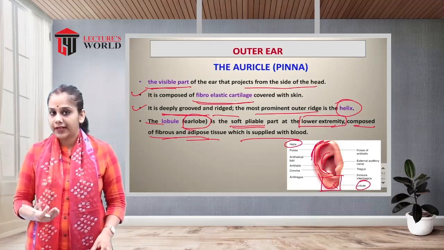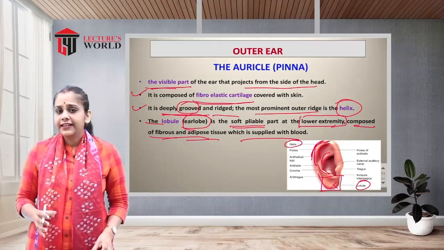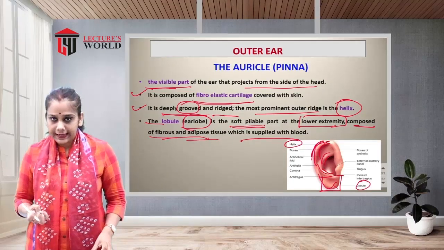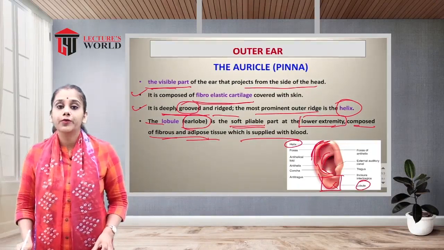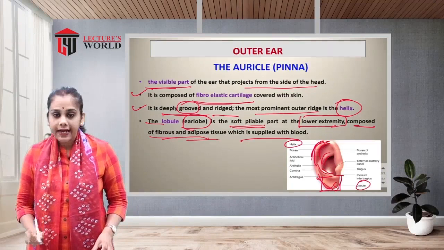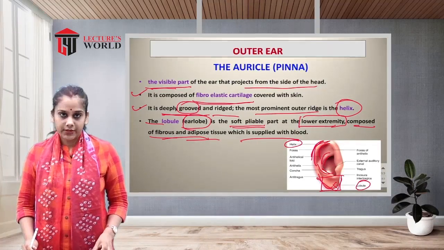It contains many ridges and grooves, fibroelastic cartilage, and its main portion at the lower end is the lobule.